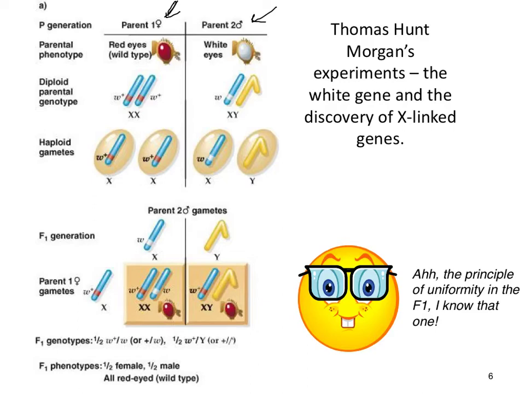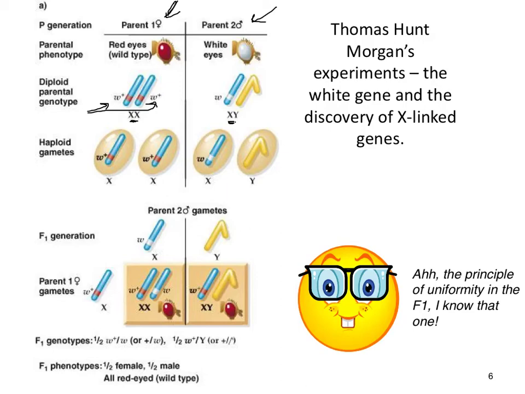So at the genotypic level, we know now that females in Drosophila are XX and that males are XY. We'll talk a little bit in future lectures about the sex chromosomes in Drosophila melanogaster. The W gene, which is given the symbol W, is shown here and here. The little plus symbol implies that it is wild type.